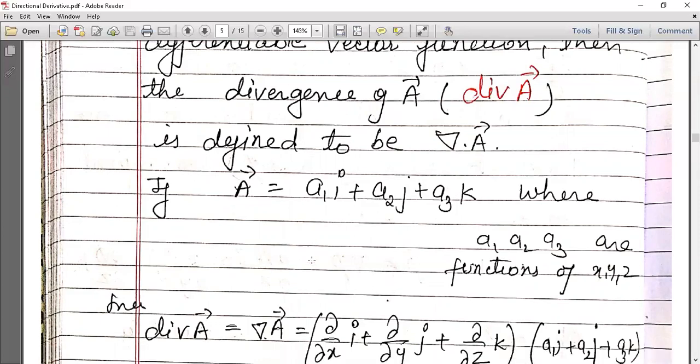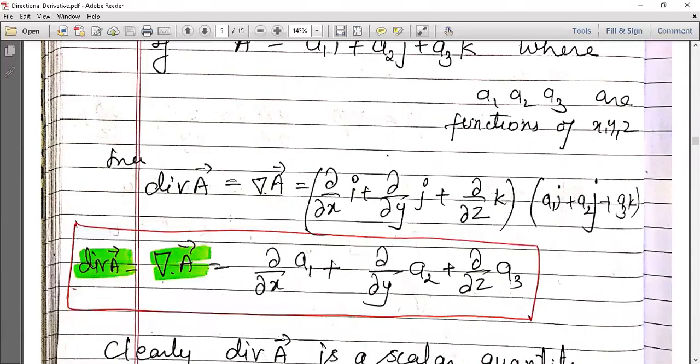So here we are applying the divergence, that is the dot product of the del operator and the given vector. Again with ∂/∂x we are getting the first one A1, ∂/∂y with A2, ∂/∂z with A3. So we differentiate with respect to x, with respect to y, and with respect to z.